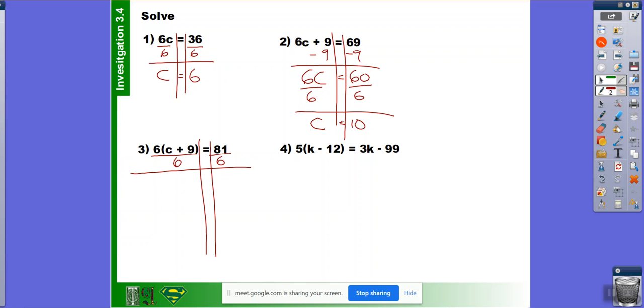And I got C plus 9 equals, no, sorry, that equals 13 and a half. Okay. Then I subtracted 9 from both sides. And I got C equals 4.5.